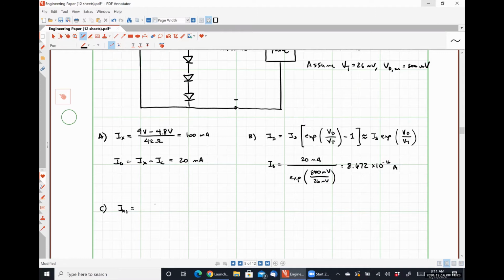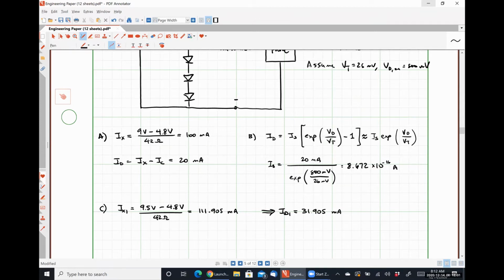So that would mean our first guess says we'll have 9.5 volts minus 4.8 volts divided by 42 ohms, which would give us 111.905 milliamps. And from this, our first guess at our diode current is just that minus 80, which is 31.905 milliamps.